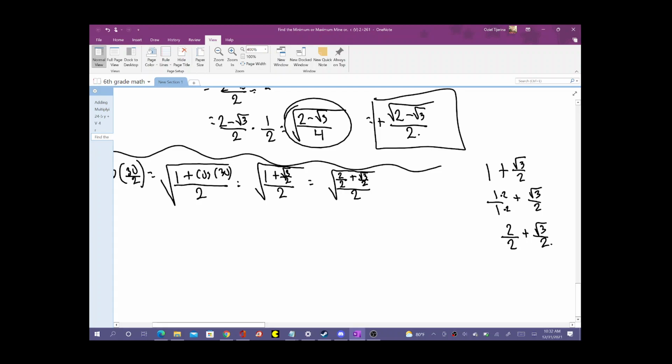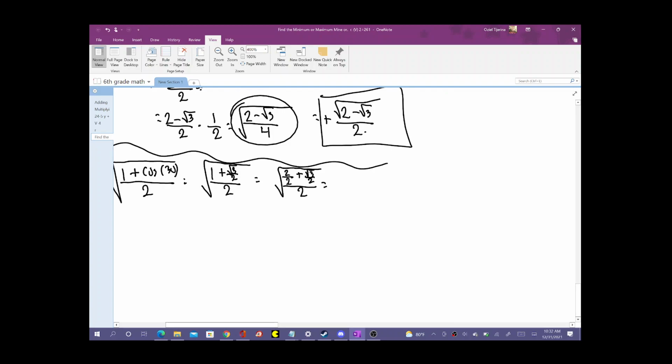So then this becomes equal to 2 plus square root of 3 over 2 over 2. So this is all square rooted. This is equal to 2 plus square root of 3 over 2 divided by 2, which equals 2 plus square root of 3 over 2 times 1/2.